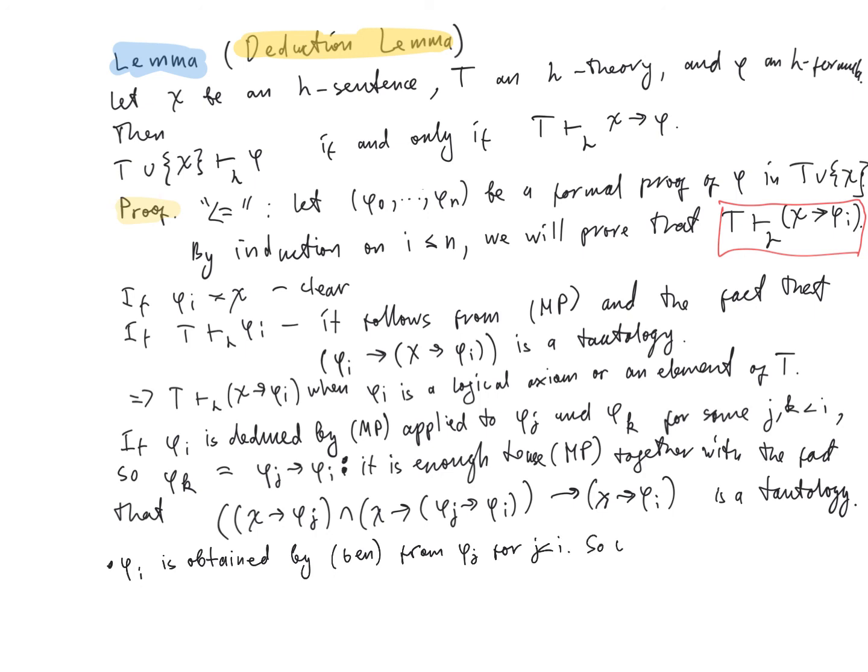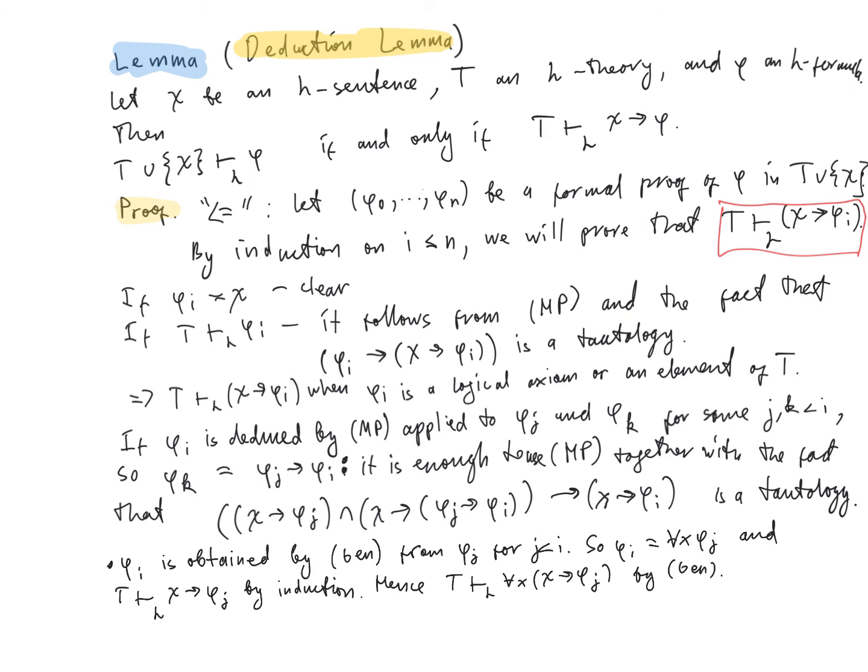So we have that φ_i is equal to the formula for all x φ_j, and we are assuming that T proves χ implies φ_j by induction, from which we deduce that T proves for all x (χ implies φ_j) by generalization, as χ is a sentence, and this is the place where we use the assumption that χ is a sentence.